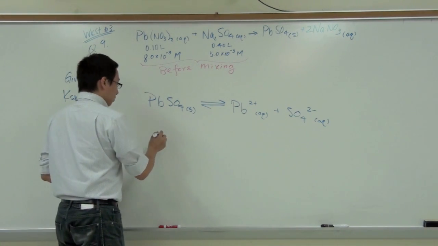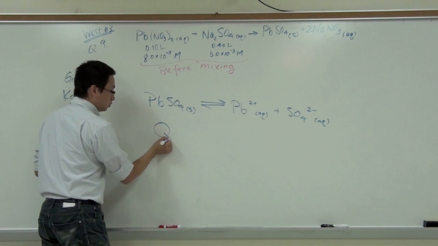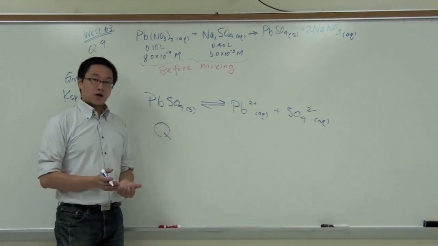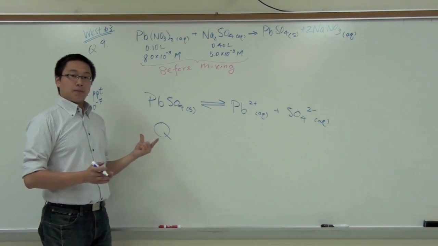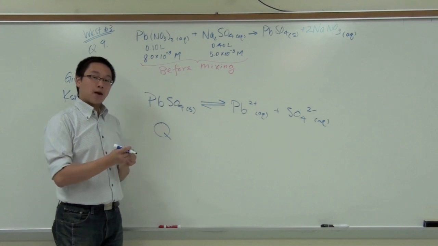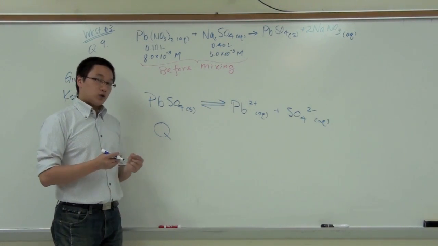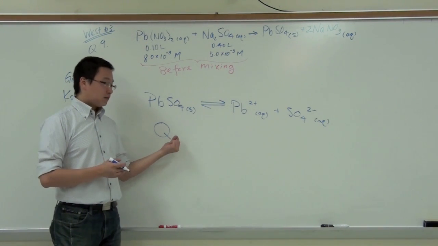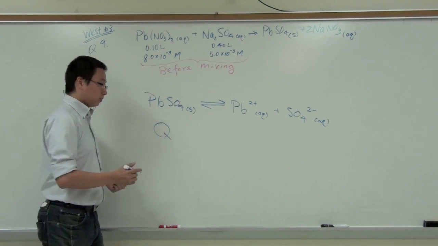So the way we do this is by using the reaction quotient, the Q, because we can use the Q to compare to the K and see which way it will shift. And you can understand this from the previous tutorial.